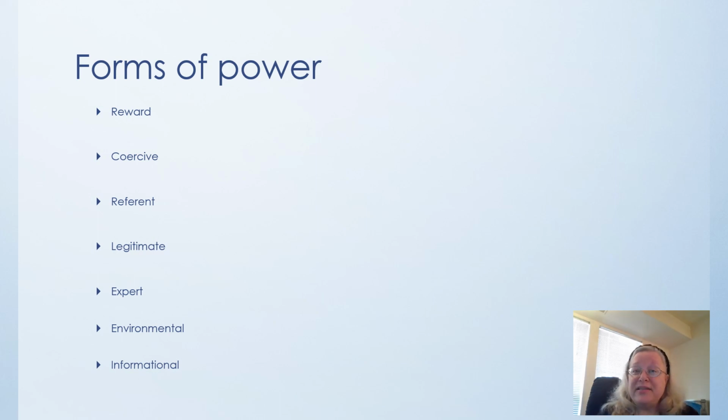If I know you're about to get laid off from your job before you know, I have informational power. So this can be used in positive and negative ways, as can all of these, except maybe coercive. Unless you're coercing somebody to do something that's going to keep them safe, that might be a positive use.